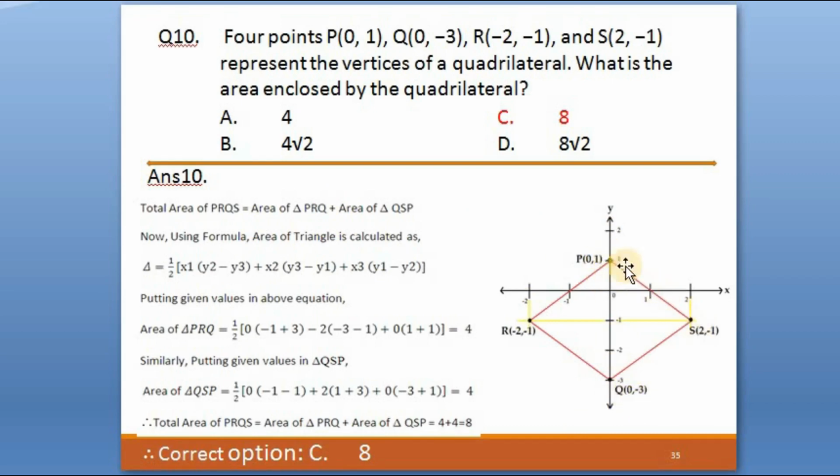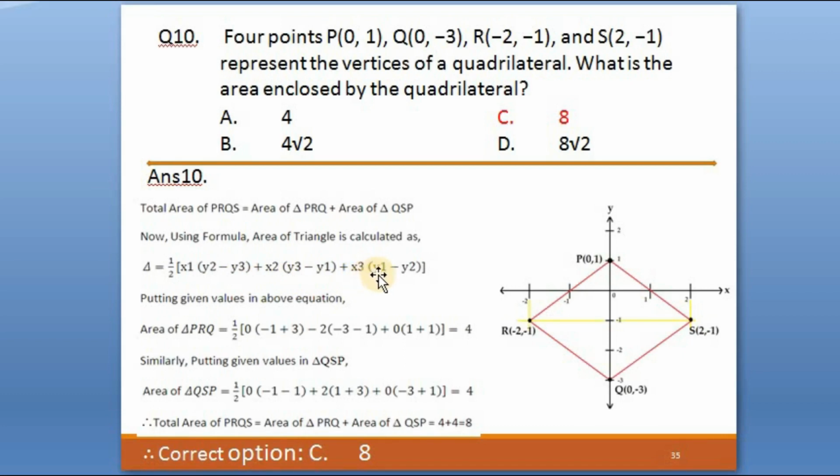So the area of these two triangles will make the area of this quadrilateral. So here we will apply the formula: area of triangle is 1/2 [x1 (y2 minus y3) plus x2 (y3 minus y1) plus x3 (y1 minus y2)].